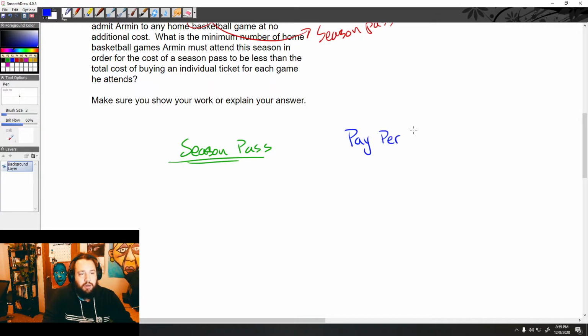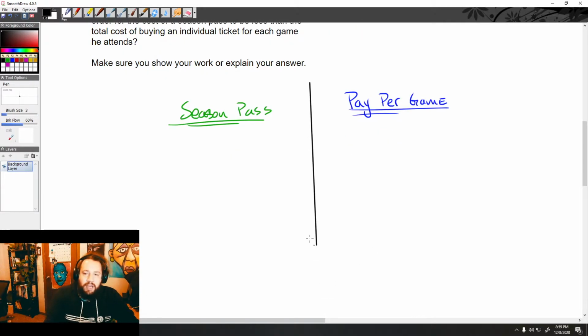So let's pretend in our season pass land, let's split this down the middle. Let's pretend that I only have time to go to one game. How much money do I end up paying? Well, my season pass is a fixed $175.